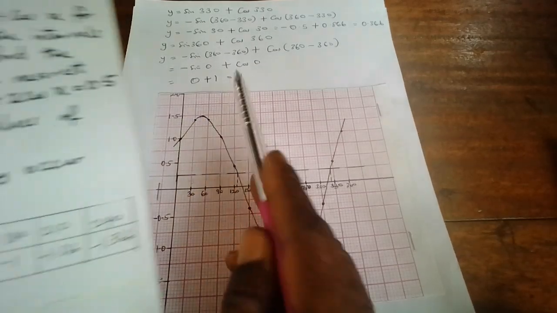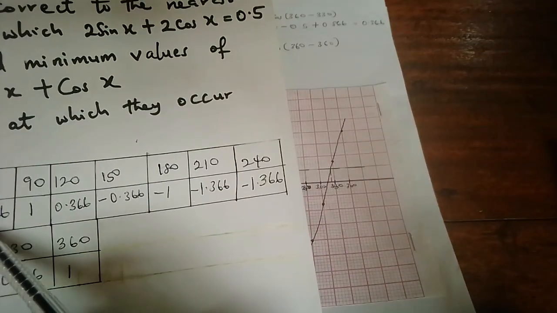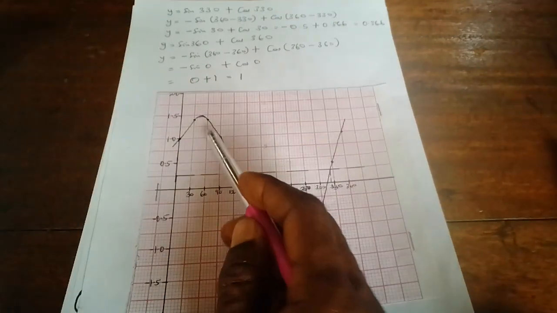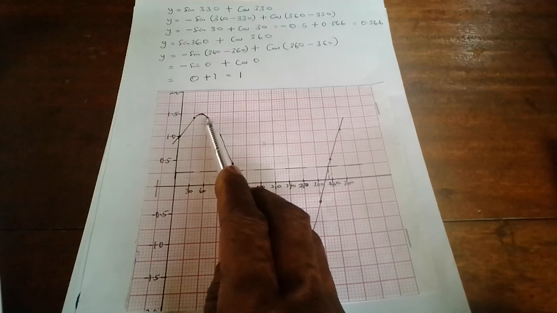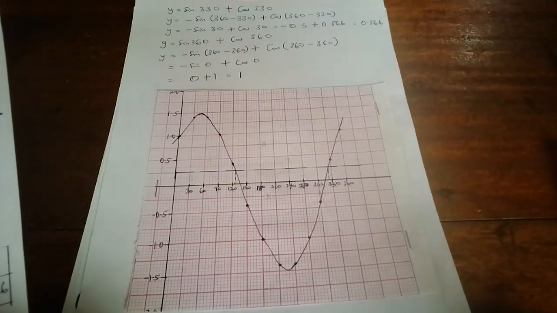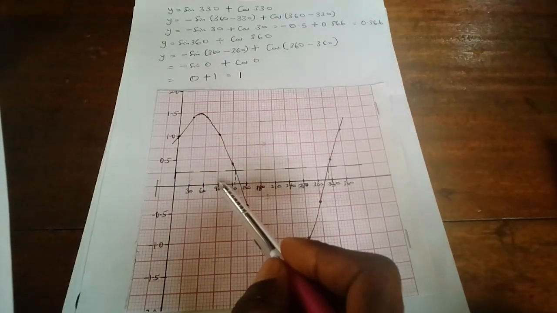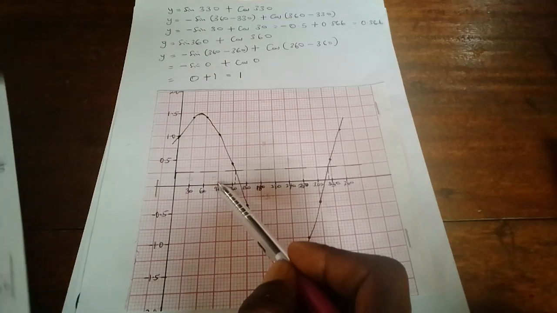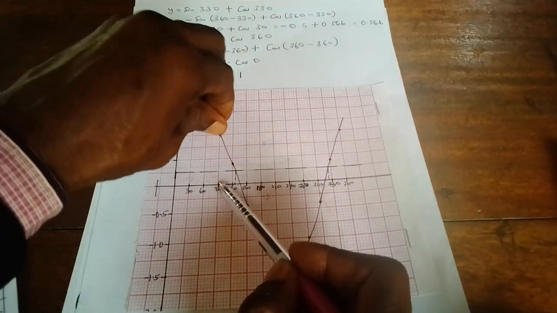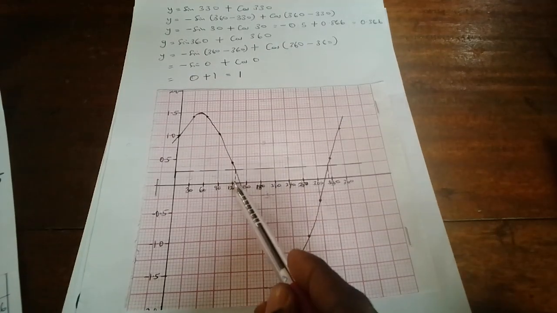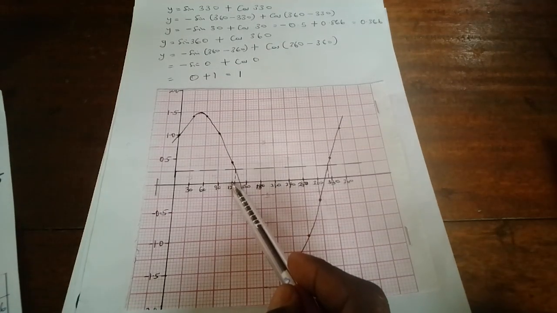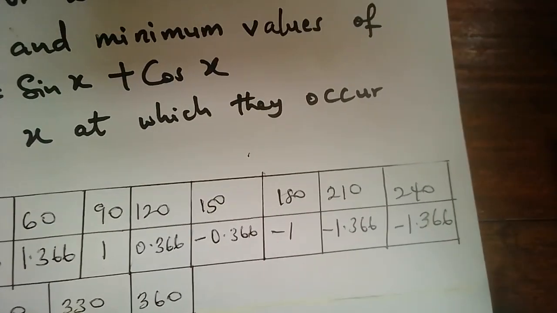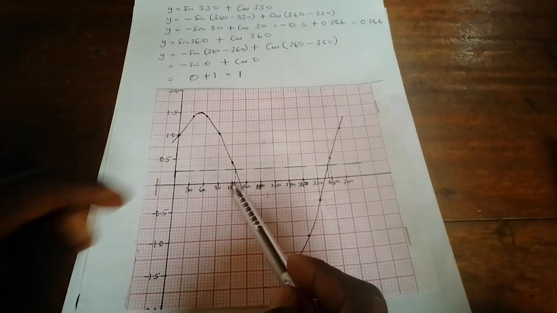When x is 60, you have 1.366. Do it to one decimal place, so when x is 60, you have 1.4 likewise. When x is 90, y is 1. When x is 120, y is 0.366, so to one decimal place it will be 0.4.